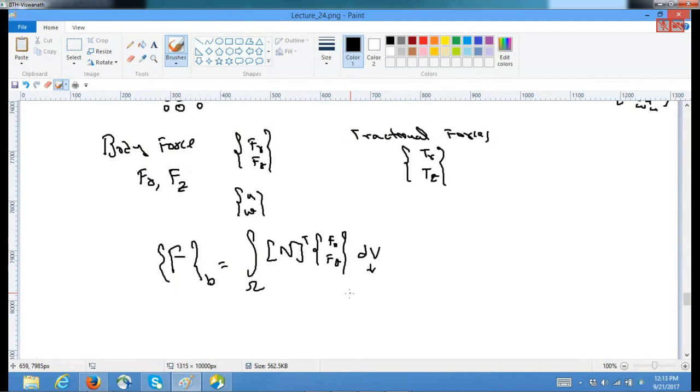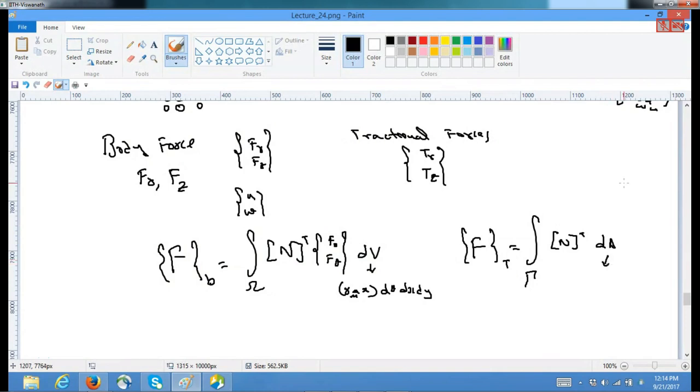Again, dV is replaced by (Rm plus x) dθ dx dy, and your F tractional forces is given by the integral over the surface of N transpose T dA. Okay, so this would be a little bit different.